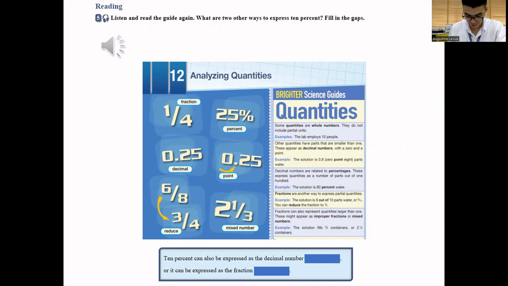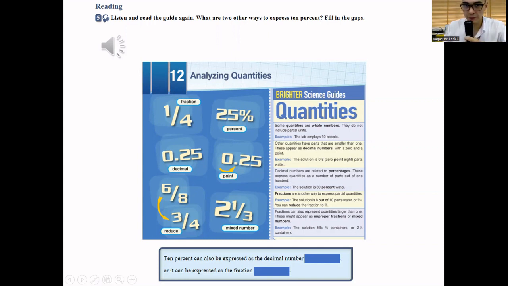Example: the solution is 80% water. Fractions are another way to express partial quantities. Example: the solution is 8 out of 10 parts water, or 8/10. You can reduce the fraction to 4/5. Fractions can also represent quantities larger than 1. These might appear as improper fractions or mixed numbers. Example: the solution fills 9/4 containers or 2 1/4 containers.